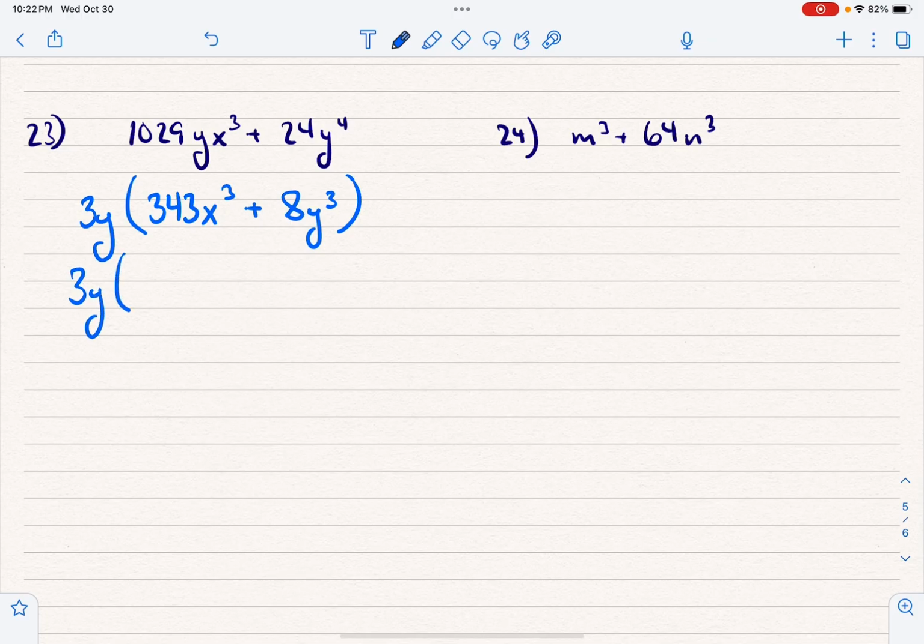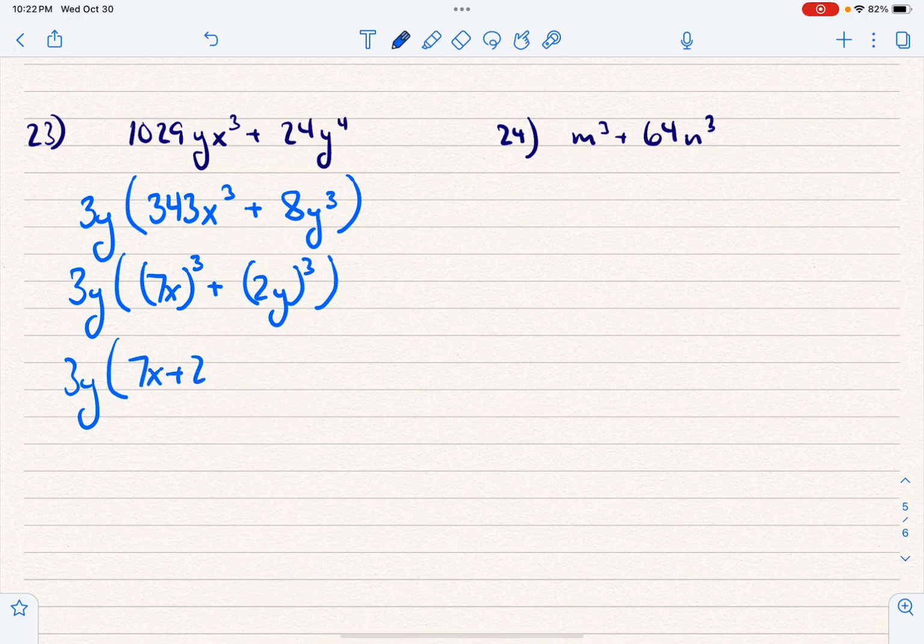Okay, so you got 3y times 7x cubed plus 2y cubed. So we got this 3y on the outside, and this just becomes 7x plus 2y times 49x squared, not plus, but minus 7x times 2y is 14xy, plus 2y squared is 4y squared.